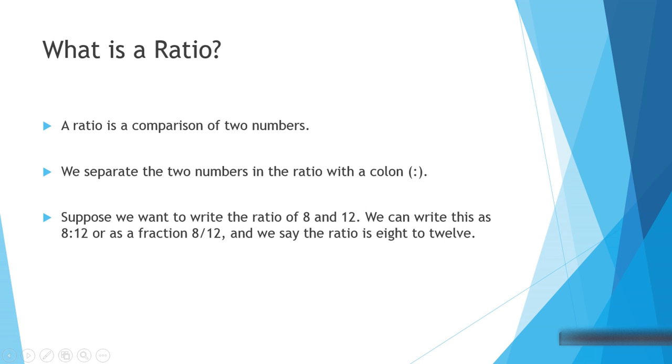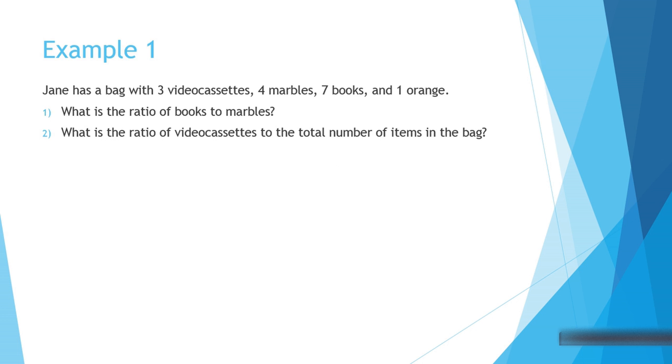So let's do this example question. Jane has a bag with 2 video cassettes, 4 marbles, 7 books, and 1 orange. What is the ratio of books to marbles?